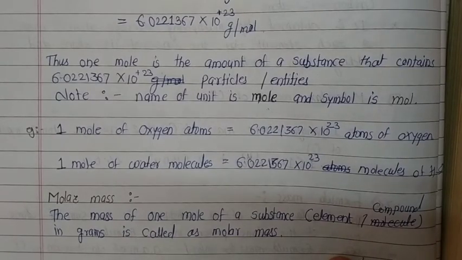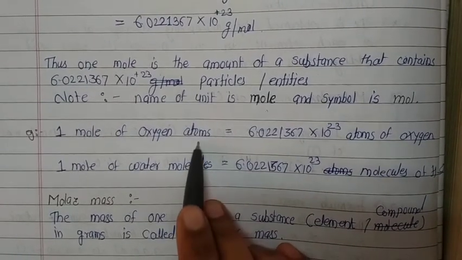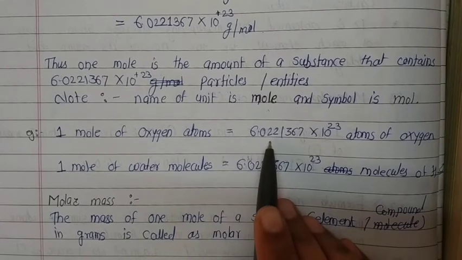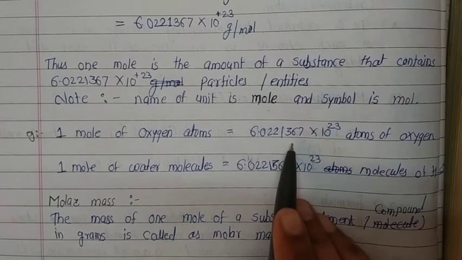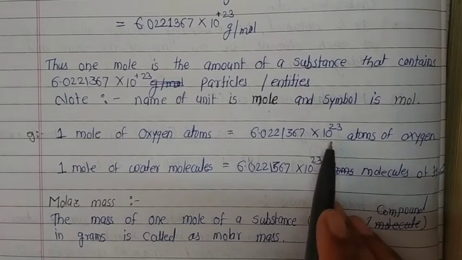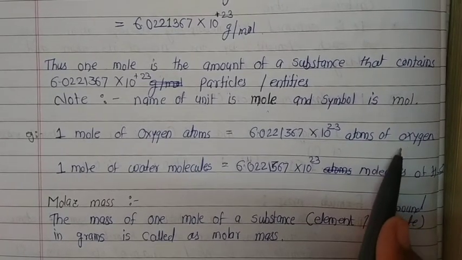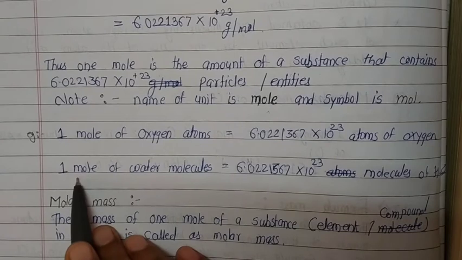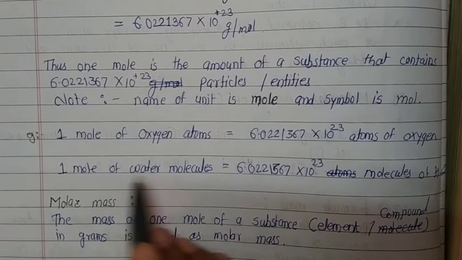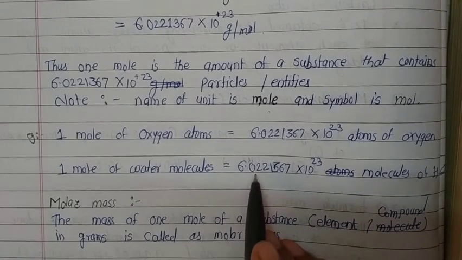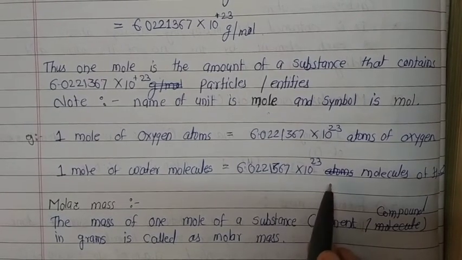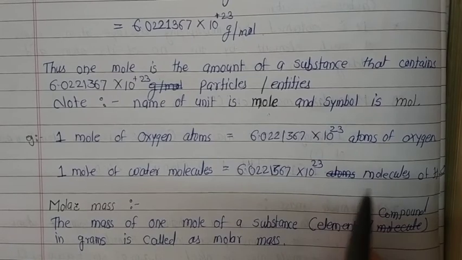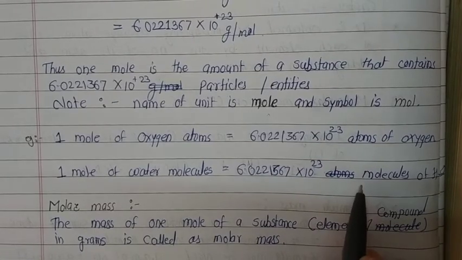For example, 1 mole of oxygen atoms is equal to 6.0221367 × 10^23 atoms of oxygen. Another example is 1 mole of water molecules, which is equal to 6.0221367 × 10^23 molecules of water.